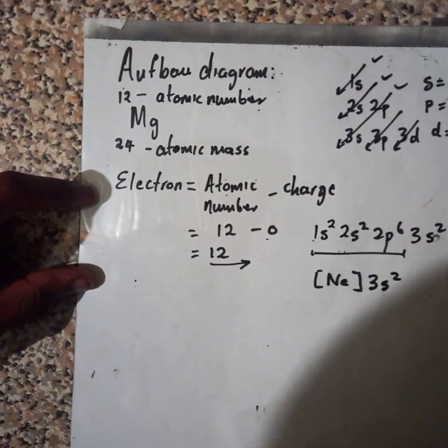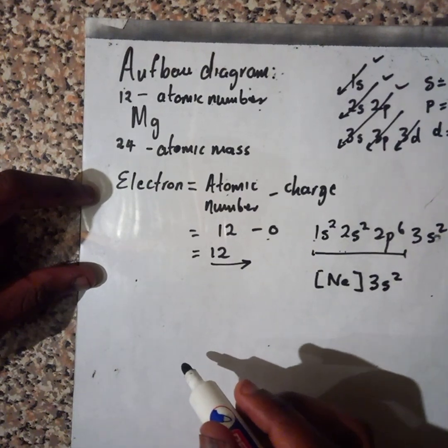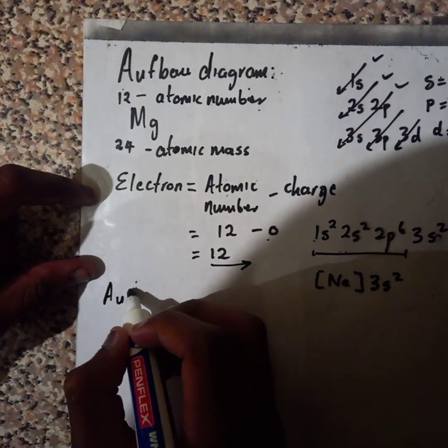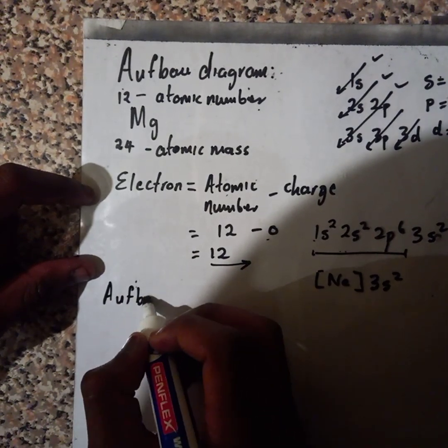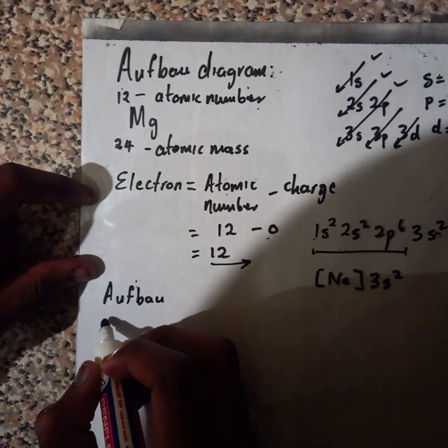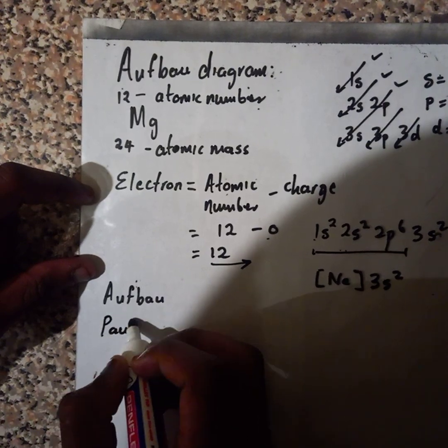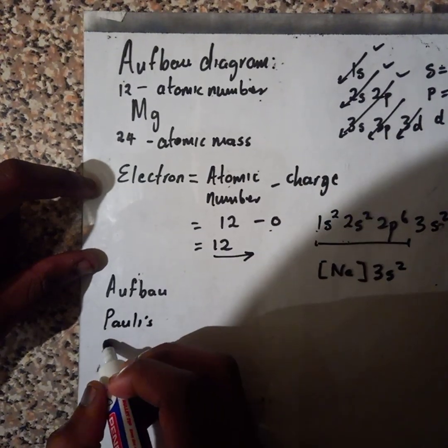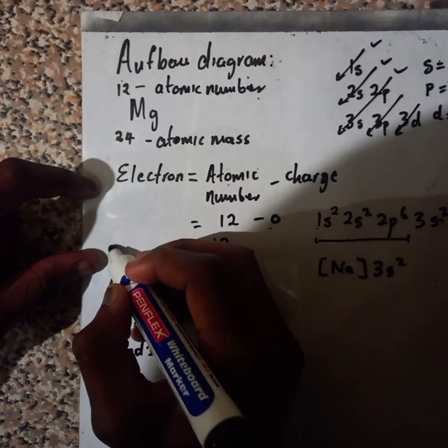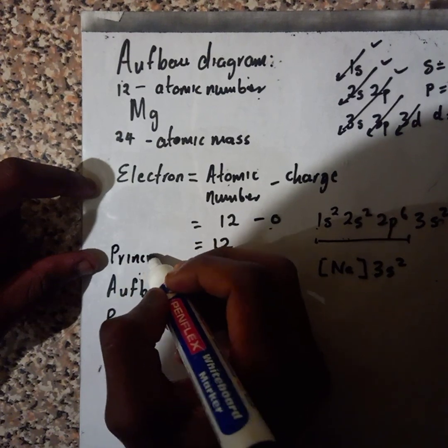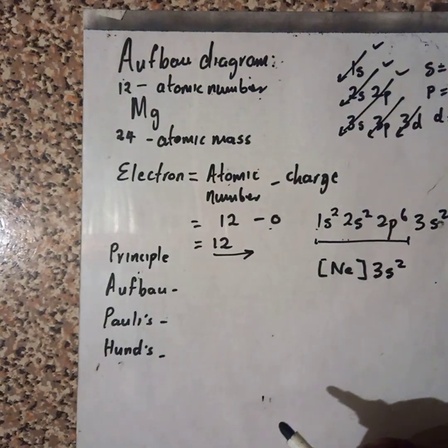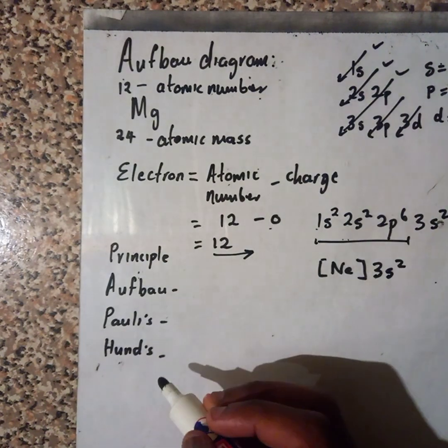Don't forget your principles. We have the Aufbau principle. Let us revise some principles. We have the Aufbau principle. We also have Pauli's principle and Hund's principle. We have these 3 principles. I will use a simpler definition for each and every principle.